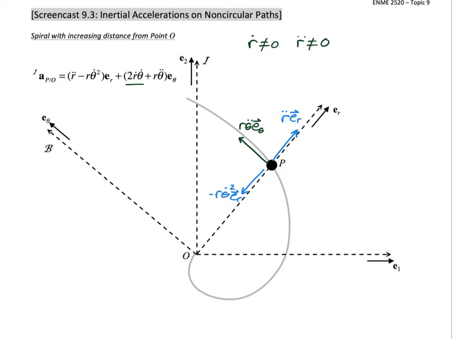Looking strictly at this term and its values, we see that the Coriolis acceleration is twice the radial speed multiplied times the rotational speed, theta dot. It's pointing in the e_theta direction. So let's put this in a different color. This term is 2 r dot theta dot in the e_theta direction.